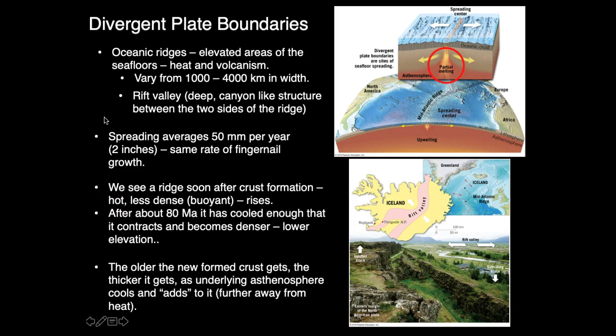As the lithosphere further from the ridge cools, it also cools parts of the underlying asthenosphere, and that cooled material gets added to the lithosphere. So the further away from the ridge, the cooler it gets, and also the thicker it gets.